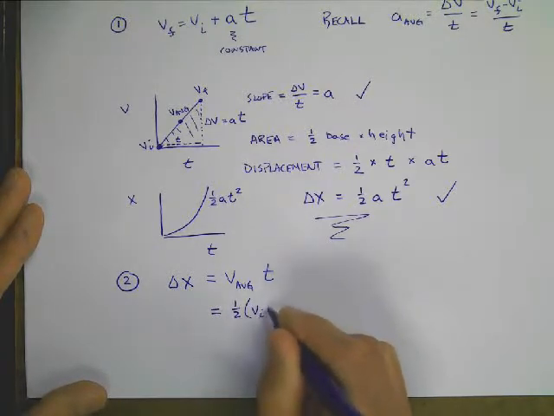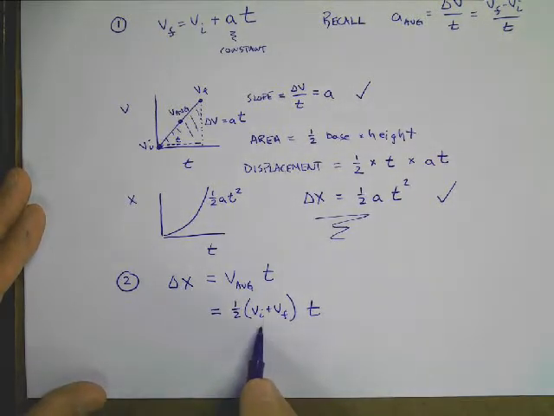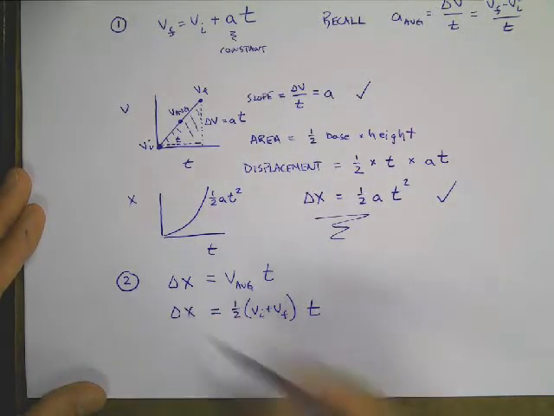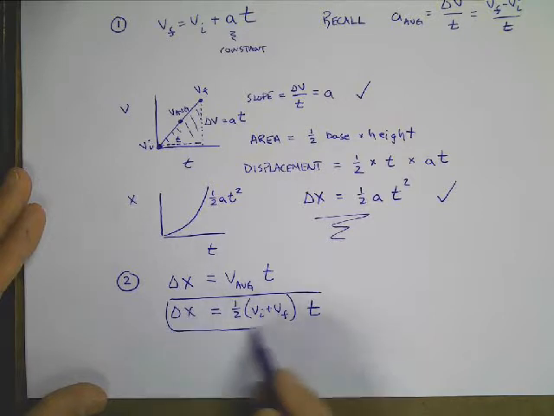It's just going to be 1/2 times v initial plus v final. If I said find the average of two numbers, you would add them together and divide by 2. So if I say find the average of two velocities, you add them and divide by 2. You multiply by the time interval, and you're going to find the displacement. Okay. So this is actually going to be our equation number 2.